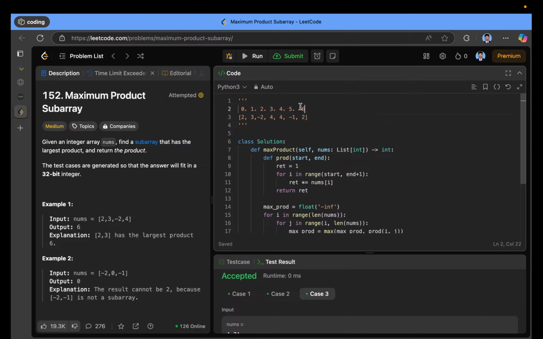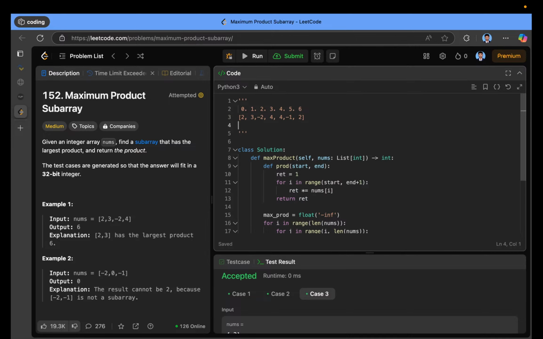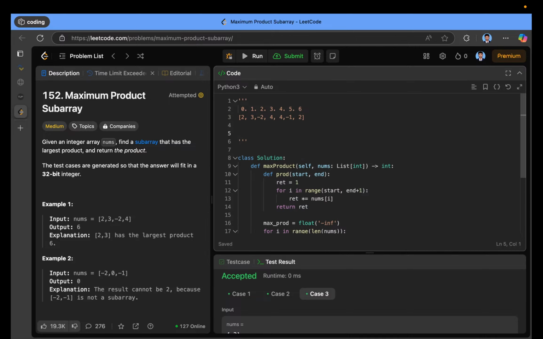Okay, so I have these values. 0, 1, 2, 3, 4, 5, 6. What can I do to find the product?